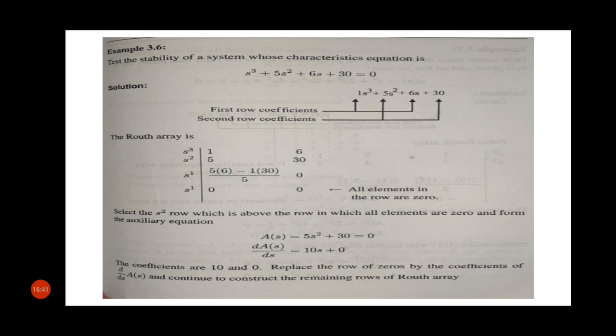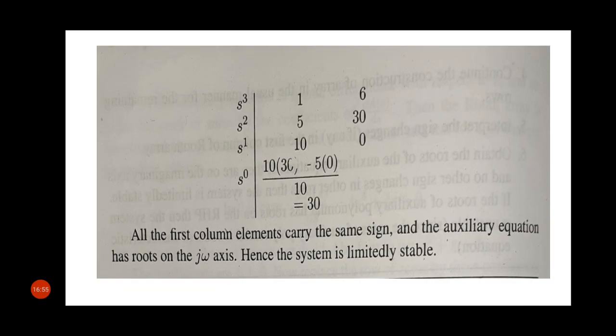Now the coefficients are 10 and 0. Okay. Now replace the row of 0 by the coefficients of dA/ds and continue to construct the remaining rows of the Routh array. So we form the Routh array by replacing the 0 row by the coefficients of the differentiation of the auxiliary equation.